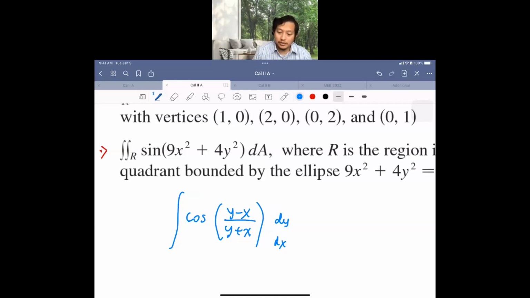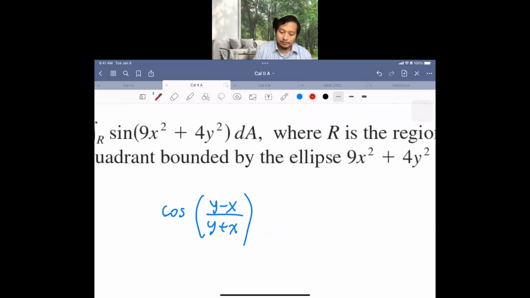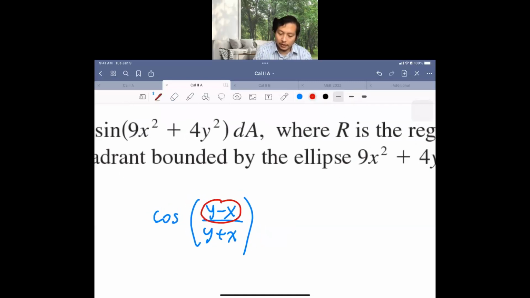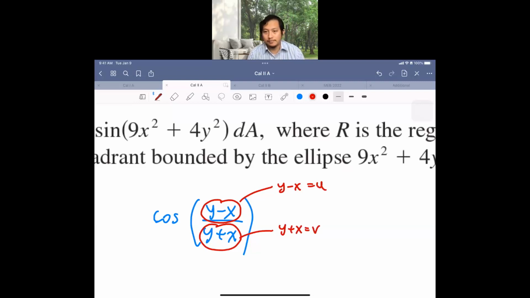One way to change the variables: if you look at the structure of the equations, it clearly has y minus x and y plus x. That gives you the sense that we may use y minus x and y plus x as single variables.